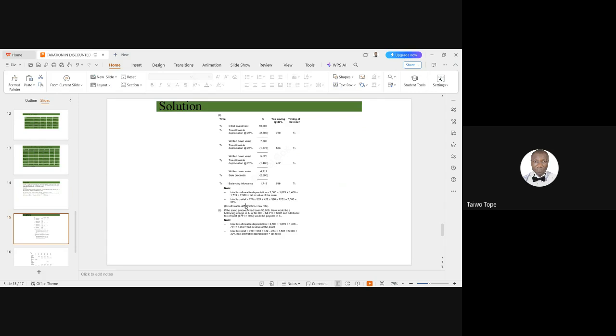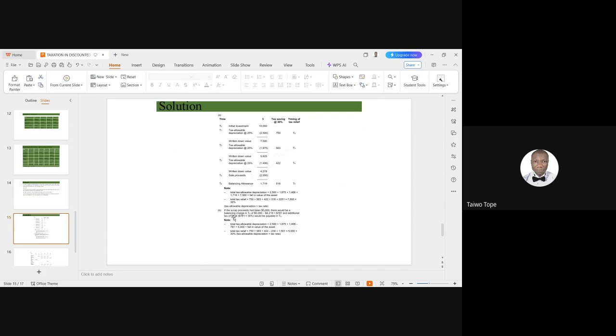And the total tax relief will be 750 plus 563 plus 422 plus 516. You have 2,251. So overall, you can determine that by placing 30% on 7,500, you're going to have an approximate figure of 2,251 likewise.